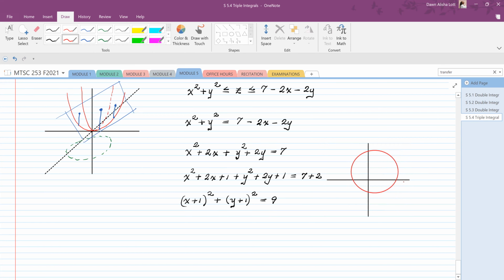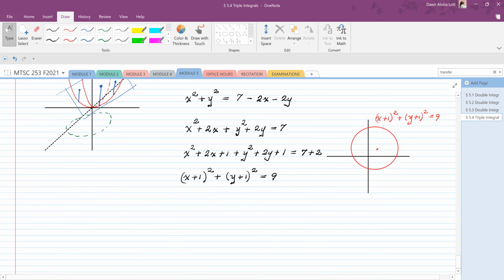It's not bad. Okay, all right, so this is (x plus 1) squared plus (y plus 1) squared is equal to 9. So therefore, the bottom half of this circle is, well, let's solve for y.